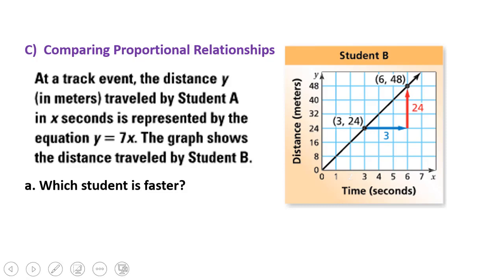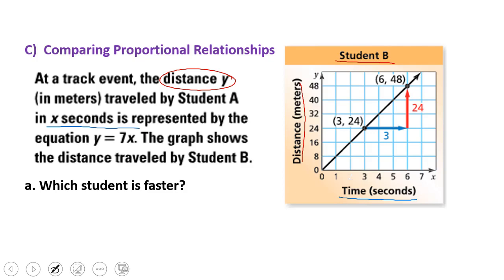It says student B. So we can see that the y is the distance in meters, and the x is the seconds right here. So we have a distance per time.